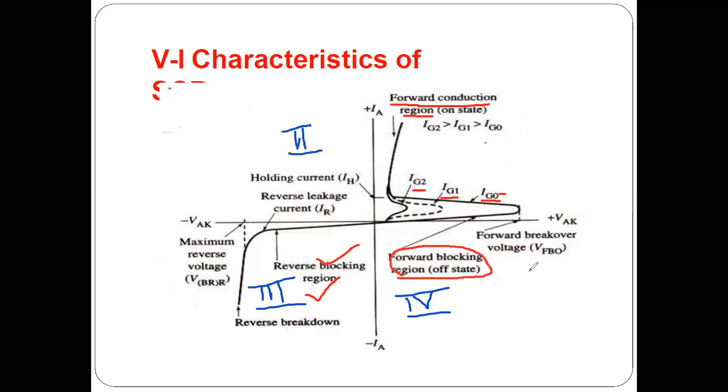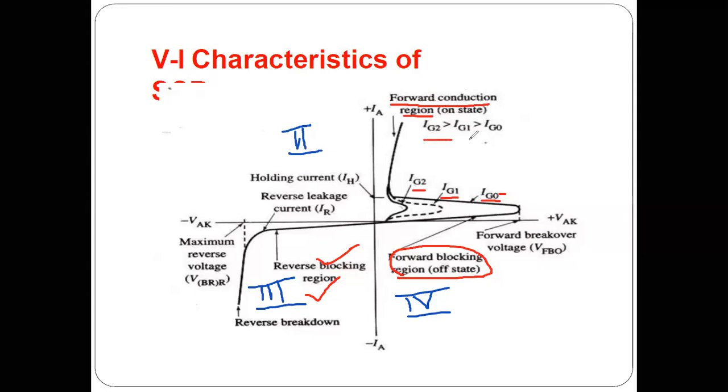Even if you apply the voltage, the SCR will not work. Why? Because it is under the forward blocking state, because of IG0, IG1 and IG2. Once the SCR receives a sufficient amount of gate current, it will enter into the forward conduction region, which is called the on state.